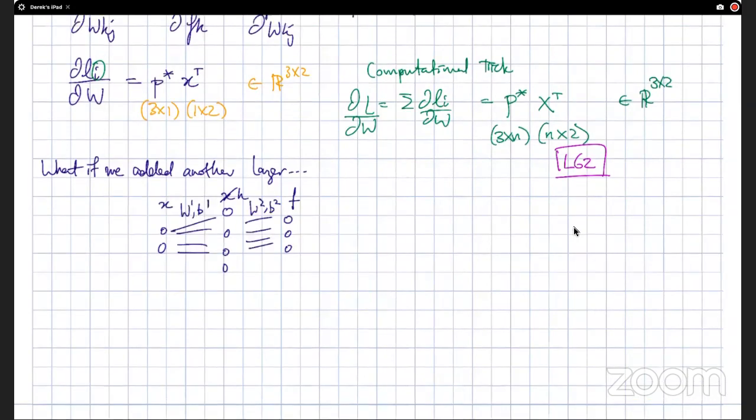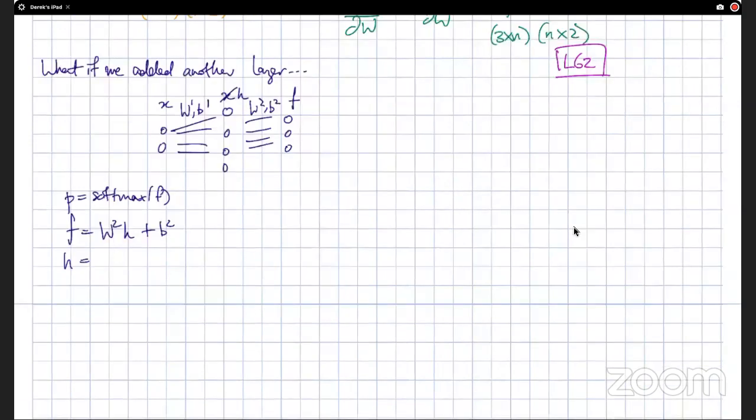Okay, so what are the expressions that I'm dealing with here? P is always softmax of F. F is the same thing as we had before, but now it's W2 H plus B2. H is a little bit weird because now I do ReLU of Z, and Z is W1 X plus B1.